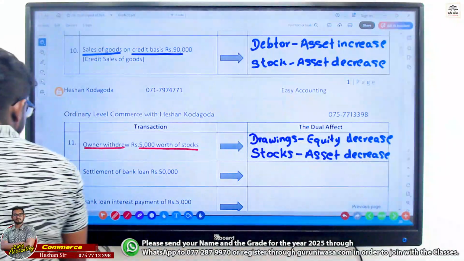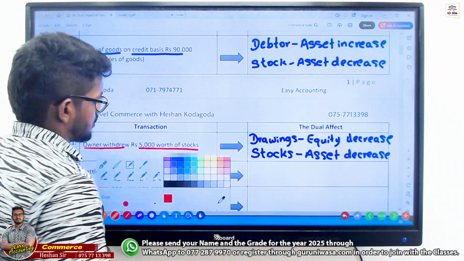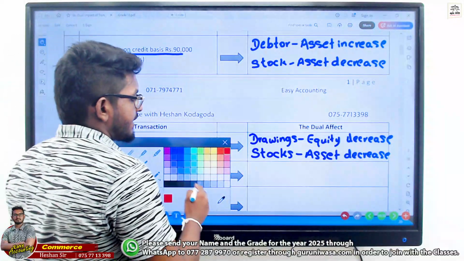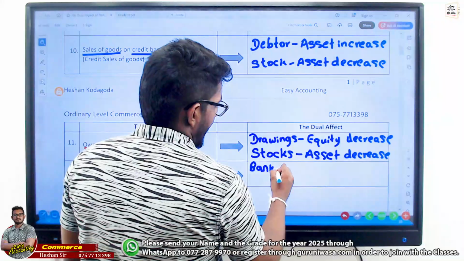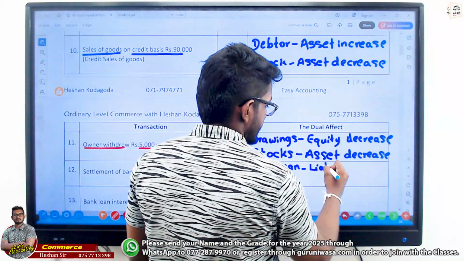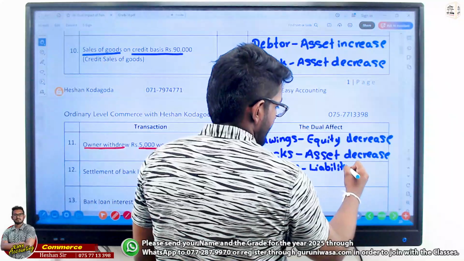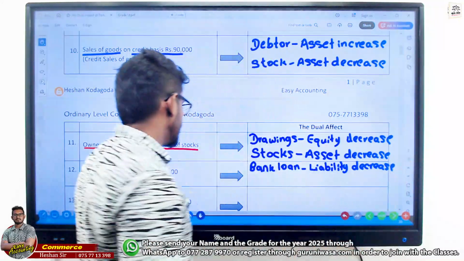Settlement of bank loan 50,000. Now, when we settle the bank loan, you know, in page number 2, bank loan liability decreases. Why? We are paying the liability.